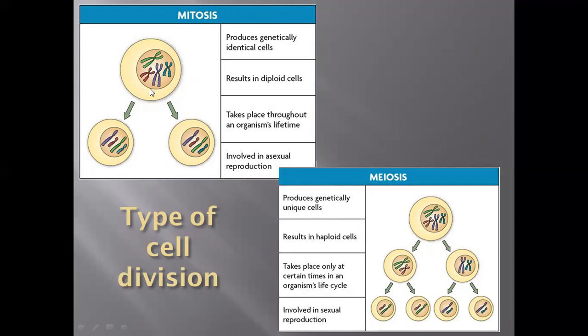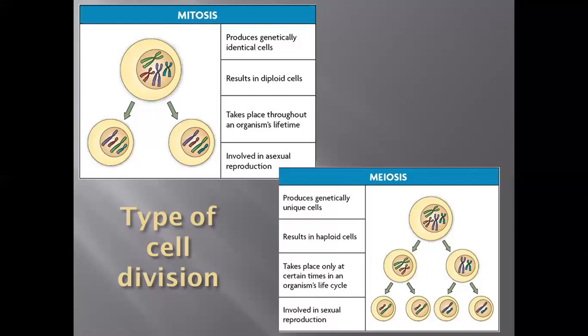In mitosis, my dear friends, you can see if there are 4 chromosomes, then they are equally distributed in daughter cells, right? Whereas here, the 4 are divided into two in each. In mitosis you will find 2 daughter cells, and in meiosis, you will find 4 daughter cells, right?